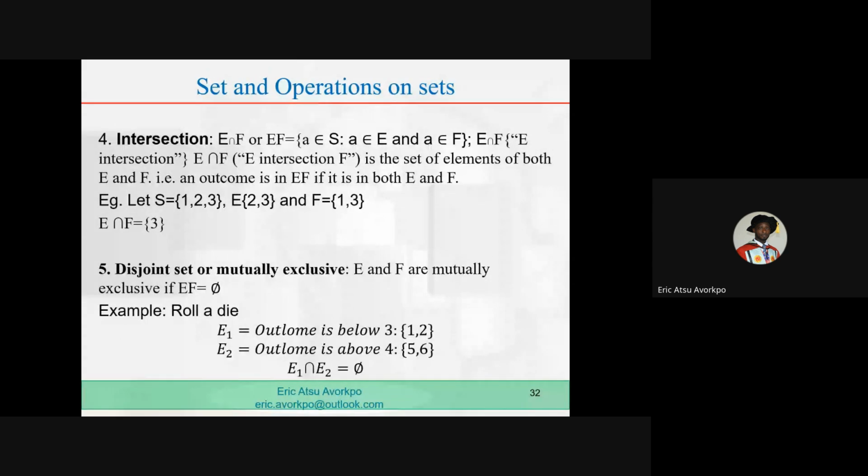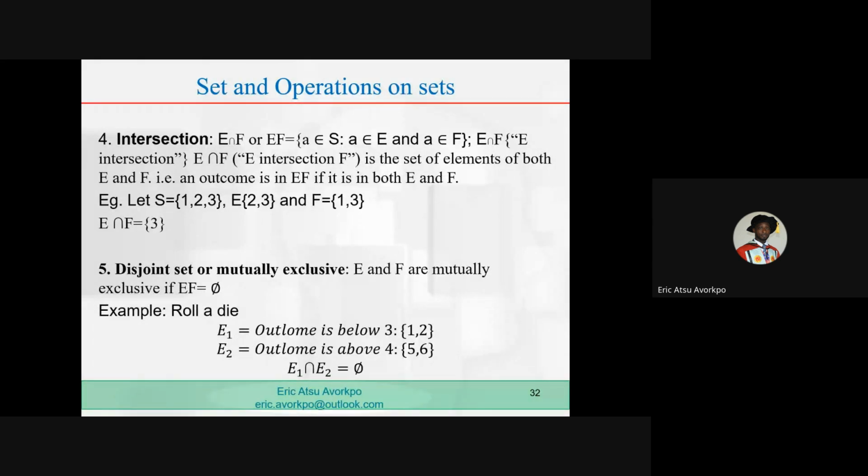Intersection is just the part that is common to both of them. It reads as E intersection F is the set of all elements of both set E and set F. So the elements that are common to each of these sets are what we call the intersection.